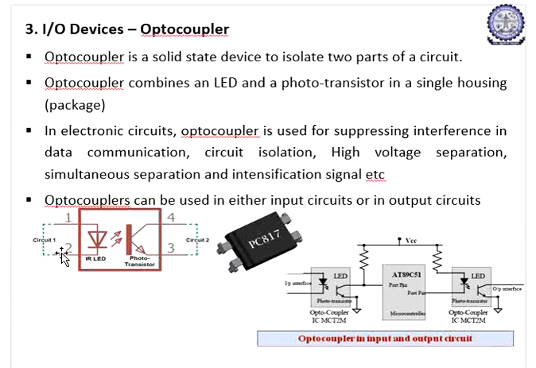Circuit 1 is connected with the LED and circuit 2 is connected with the phototransistor. The basic meaning of optocoupler is combining an LED and a phototransistor in a single housing.